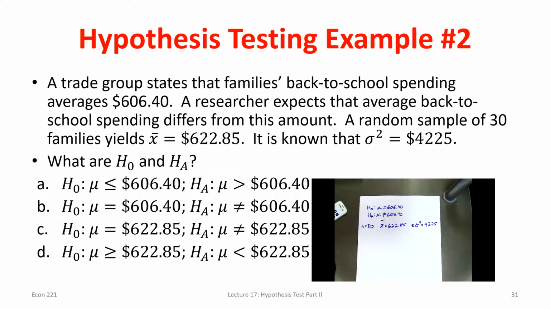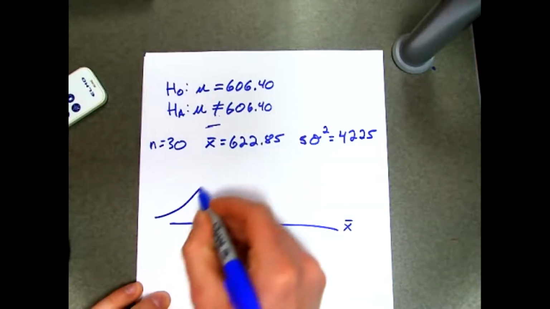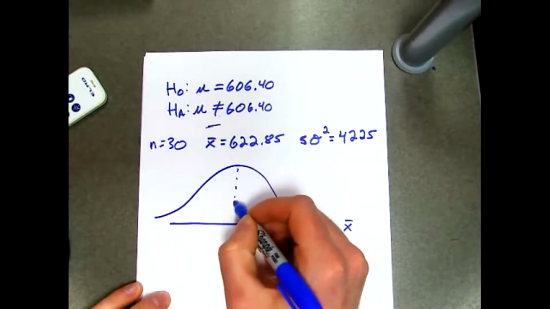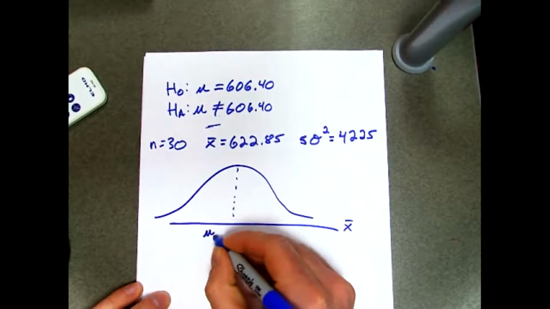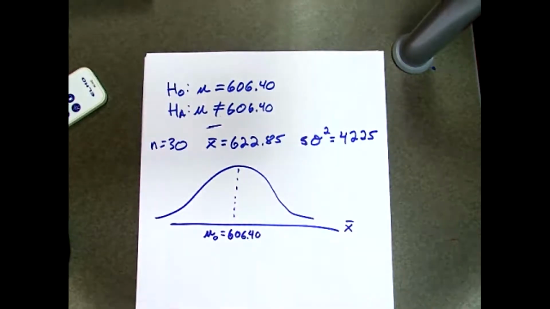So at this point, we can think about, okay, I have this sample mean. What should the distribution of my sample means look like? So I've got my sample means. They should be centered around the true population mean, but I don't have that, but I am assuming that it's equal to a certain value, right?